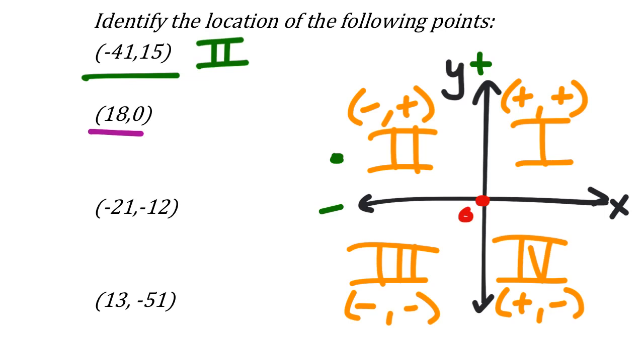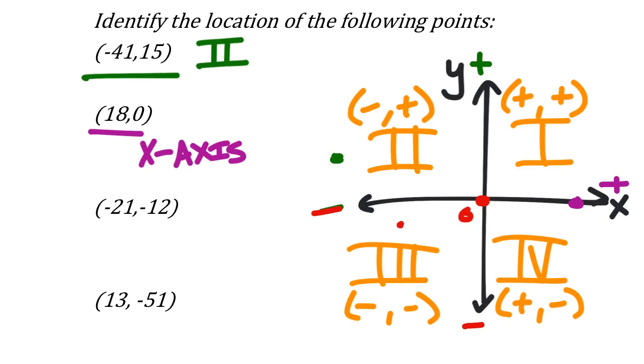18, 0. That's an x value of 18, somewhere over here, that's positive. But the y value being 0 means it's right on the x number line, which is the x-axis. Now negative 21, negative 12, that's negative for x, but also negative for y. So maybe somewhere in this area.